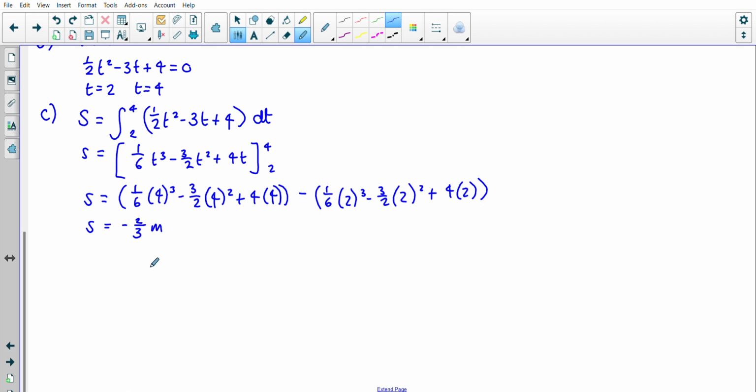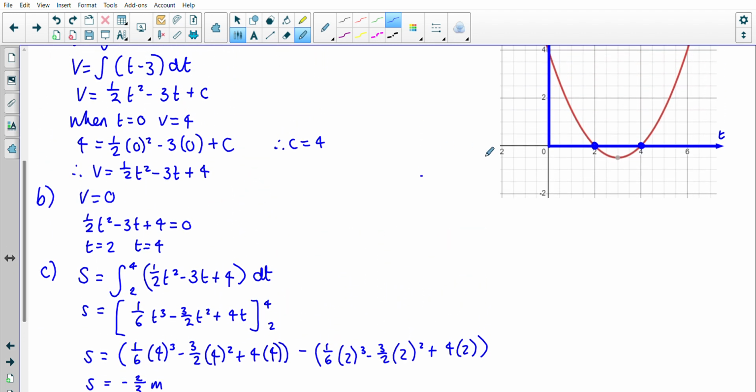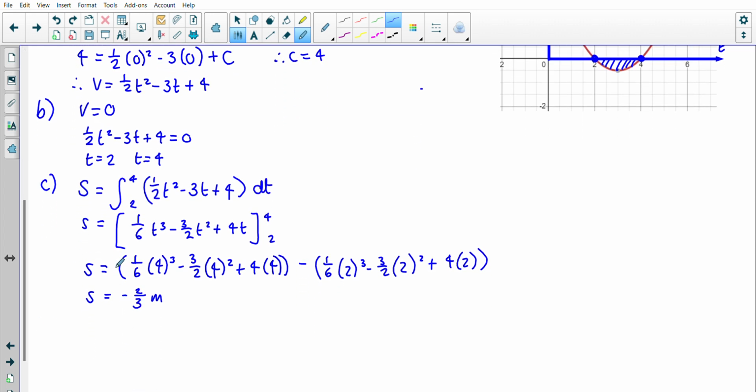meters. So again, it must have been the area under, and as you can see it was. We were integrating this particular area here, so that's why we've got a negative. And because it's distance, therefore distance is going to be 2/3 of a meter.